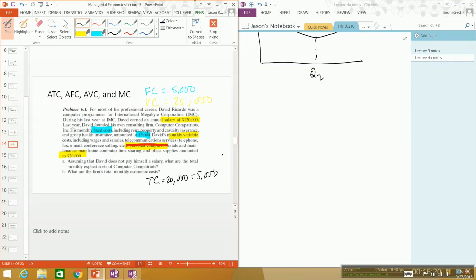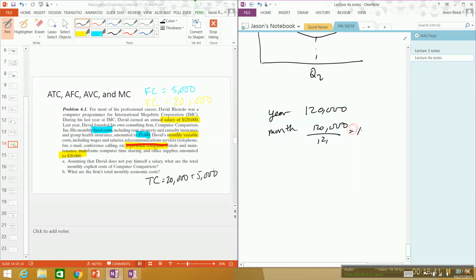And so when we now look to part B, what are the firm's total monthly economic costs? What pops out here is the idea that for the year, David was making $120,000. So for every month, David makes essentially $10,000.